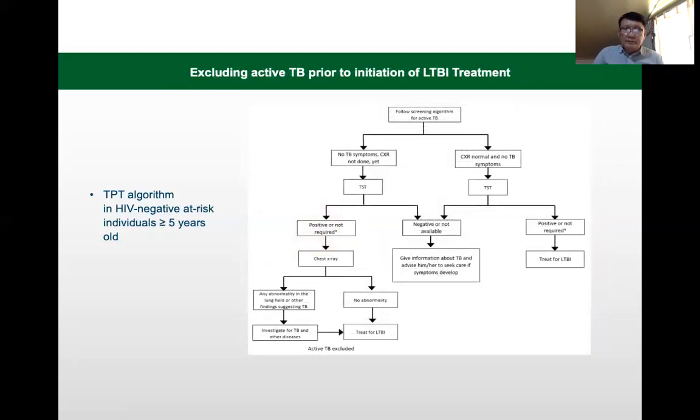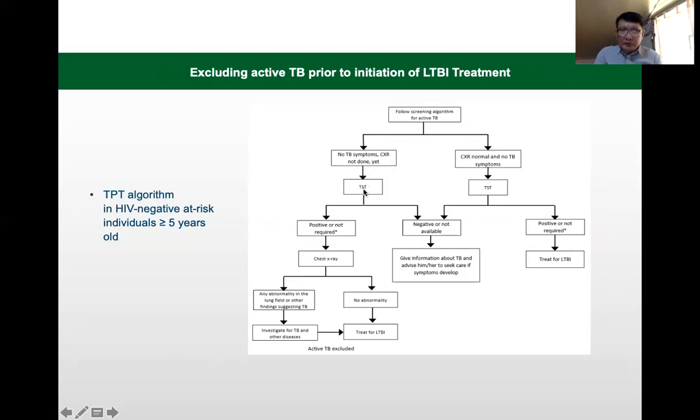Now this time, we will have the TPT algorithm in HIV negative at-risk individuals 5 years old and above. Okay? So you follow the screening algorithm for active TB. If no TB symptoms and X-ray not done, you do the TST.